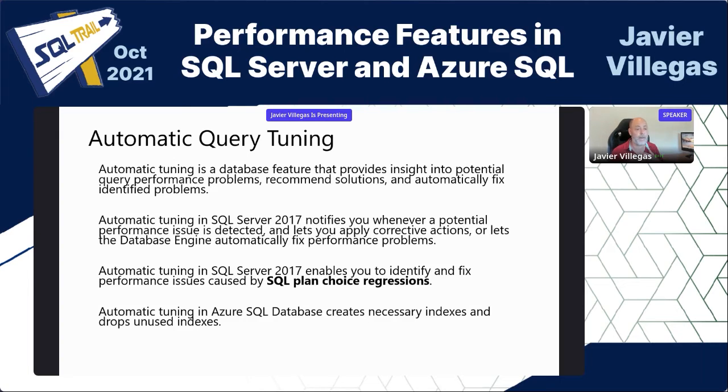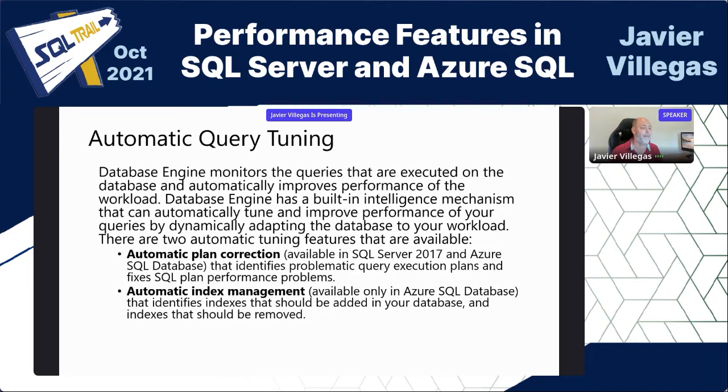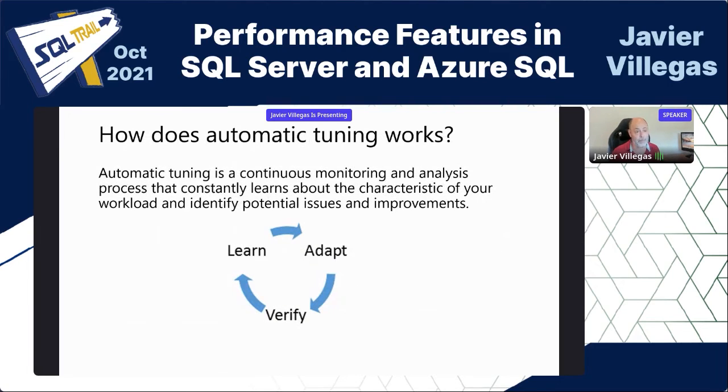That means that without us doing anything, it will revert to the previous known good execution plan, right? So in 2016, we have to identify the regression and manually force the plan. In 2017, if we enable automatic query tuning, SQL Server will take care of everything, doing this automatic plan correction. This is a feature available since SQL Server 2017, right?